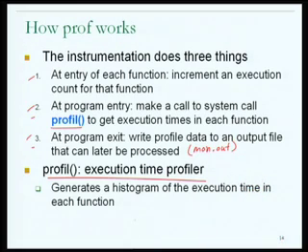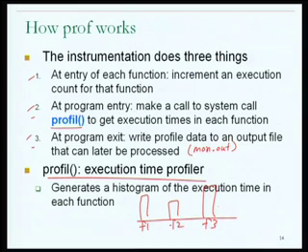What I mean by histogram is, for each function, there may be function 1, function 2, function 3. The histogram is the details of how much time was spent in that particular function. So this could be 10 seconds, this could be 8 seconds, this could be 12 seconds, and so on. It generates a histogram for each function, showing how much time was spent in that function as far as the execution time of the program is concerned.